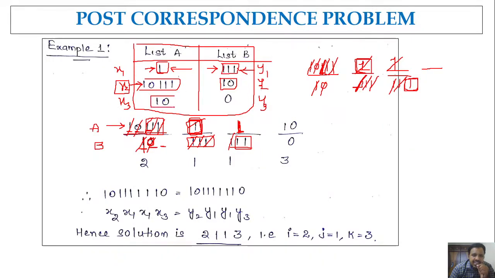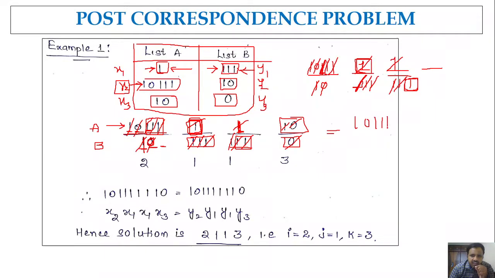If we select x3, we will get 1 0. If we select x3, then the y3 part will become 0, which comes into the denominator portion. Now this one is matching with this one, and this 0 is matching with this 0.